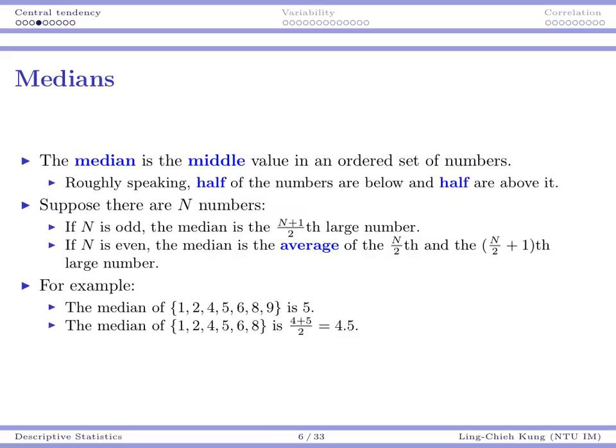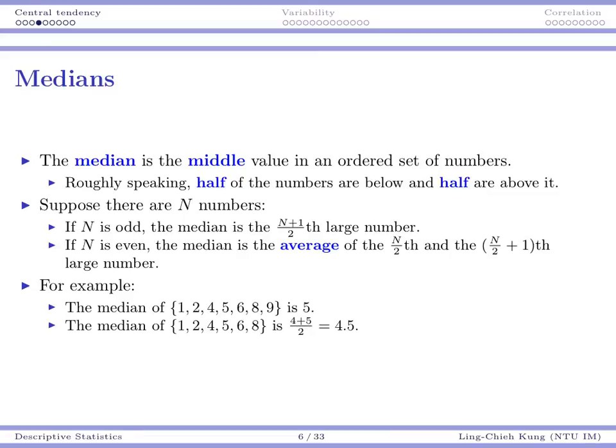So for numeric or here for ordinal data, we sometimes would like to use medians. The median is the middle value in an ordered set of numbers. So roughly speaking, we first order all the numbers and then say a median has half of the numbers below it and half of the numbers above it.